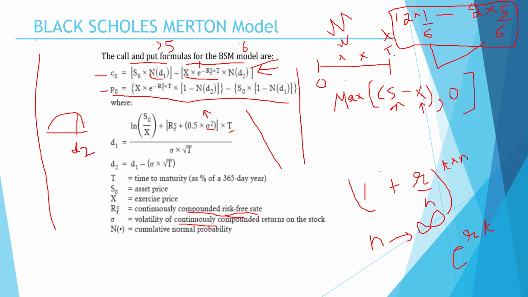We are discounting this X in a similar way, and here we have used 1 minus ND2 because we are doing the pricing for the put option. Similarly, we have to subtract S naught and we have to use the probability here, which is 1 minus ND1.